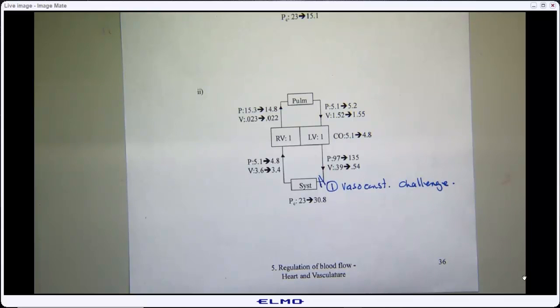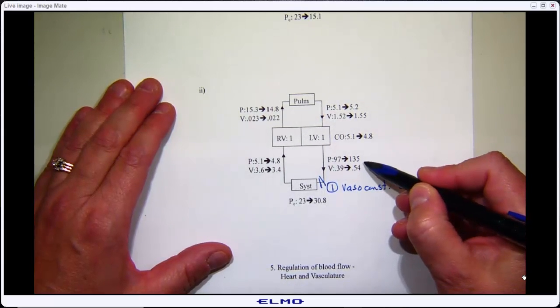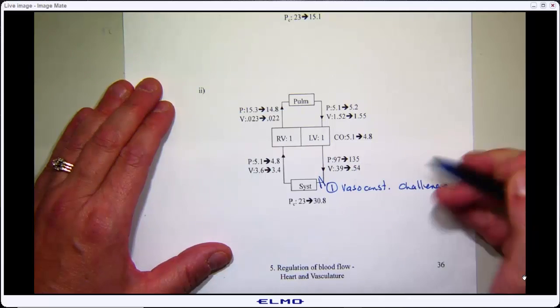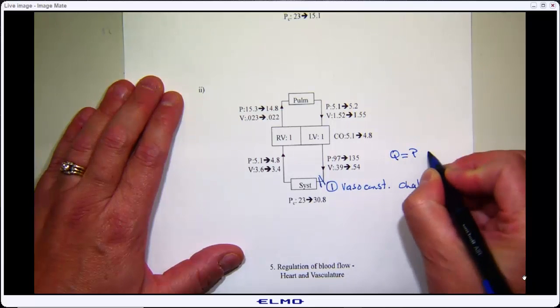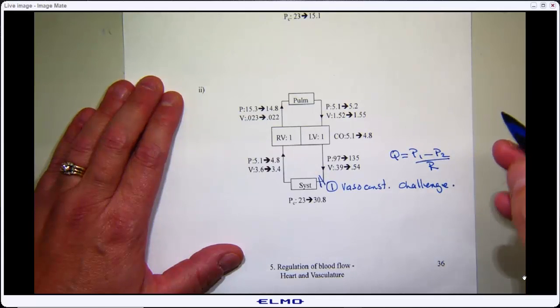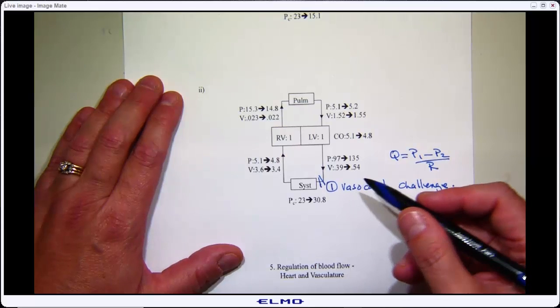All right, so, flow. Yeah, so we didn't really mess with P, did we?